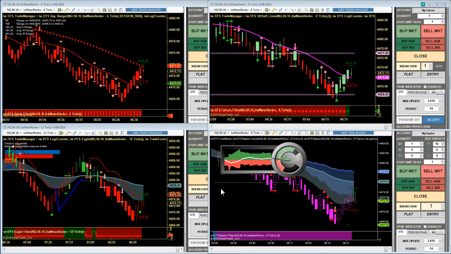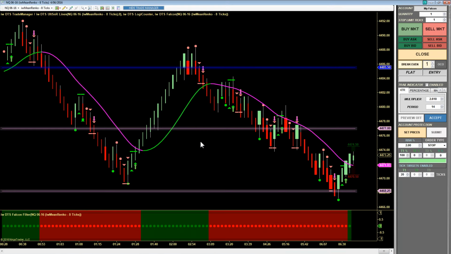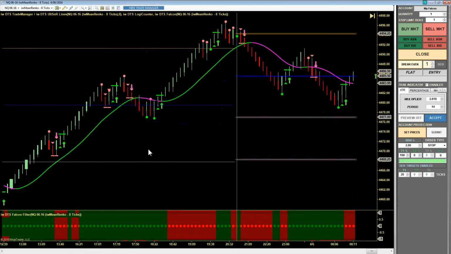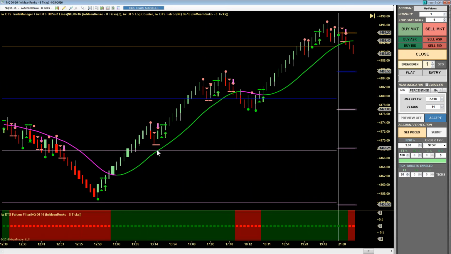What you're going to see is that all the signals pretty much develop the same way, regardless of the tool. So what we're looking for is confluence, namely, let me find you something that's a little bit more obvious. Namely, we're looking for confluence like this. So we have a green trend line, we have green bars, green filter, and a green signal.